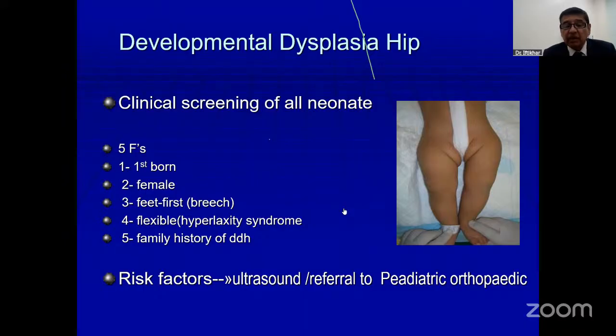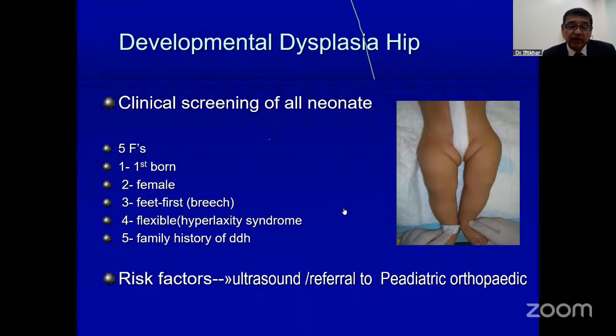Sometimes it can be the sound of the Ortolani and Barlow tests also, because you did movement and the hip went in and out and caused that click sound. But it is also noticeable by the parents, because families say, I was just changing the diaper, and then suddenly I hear this sound, or I felt in my hand that clunk. So that alerts the doctor to say, okay, wait a minute, let me rule out.